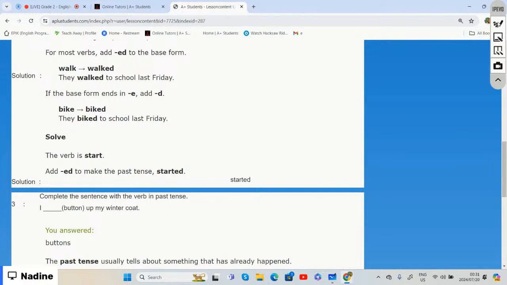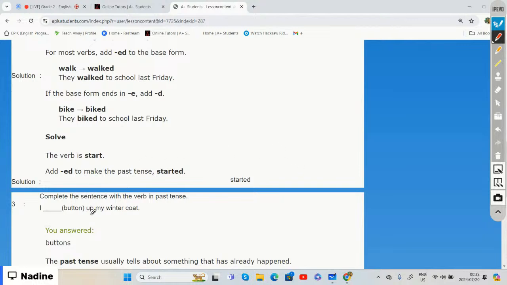So we will say, I button up my winter coat, right? And when we say I button up my winter coat, that is only the base word. And remember the rule saying we add an ed to show the past tense form. So we can say I buttoned up my winter coat.